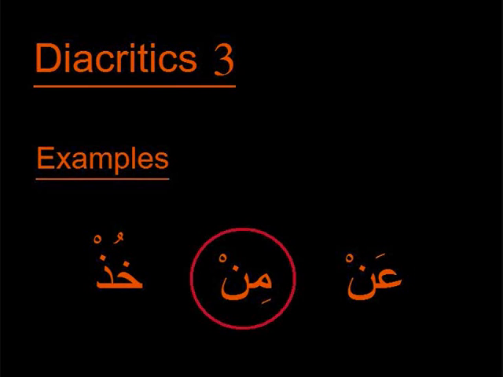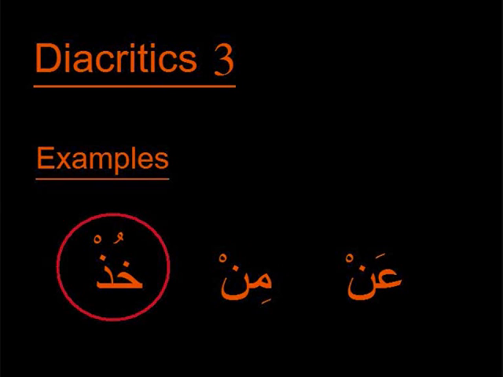The next one is the letter mim with the kasrah, and again another noon with the sukoon. So this one is min, min. And the final one we have is the letter kha with a dhamma on it, and this time we have a dhal with a sukoon. So this one should be khudh, khudh.